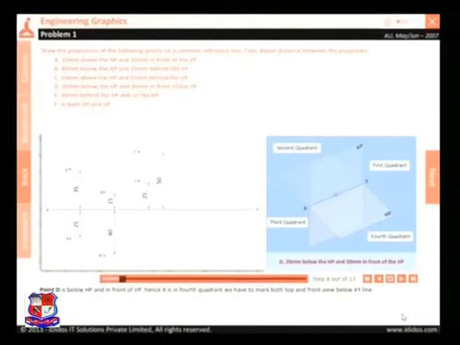Point D is below HP and in front of VP. Hence, it is in the fourth quadrant. We have to mark both top and front views below the XY line.